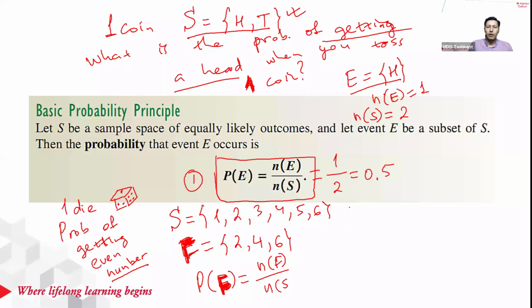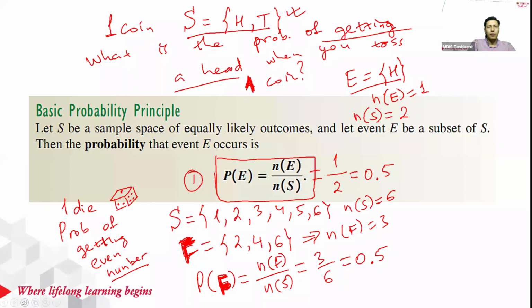We have 3. NS is 6. So that is 3 over 6, which is 0.5 again. So the probability of getting an even number is equal to 0.5. Understand?